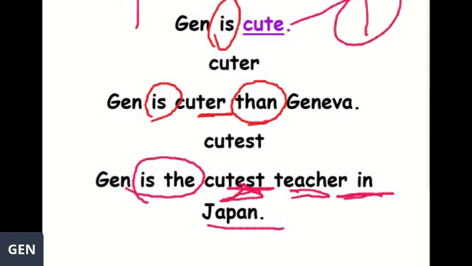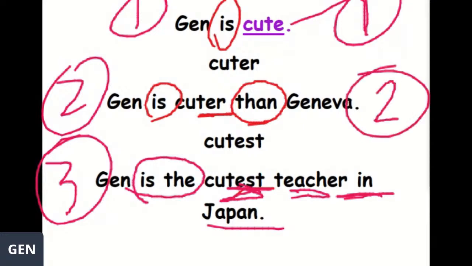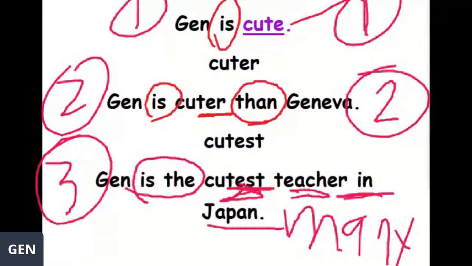The second, take note, this is number one, number two, and number three. The first one is only one person. Number two, two persons. Number three, many, more than one. Many. And that's done. And your hint there, you just have to use is the cutest.